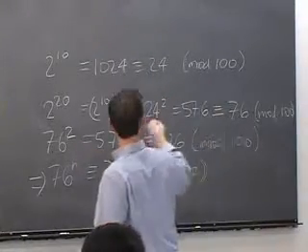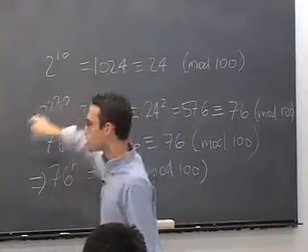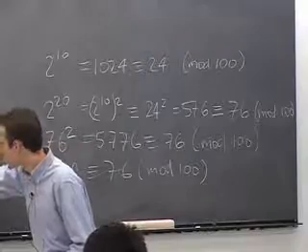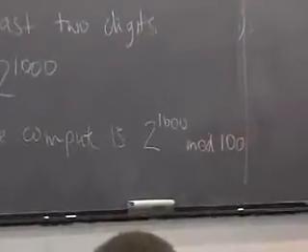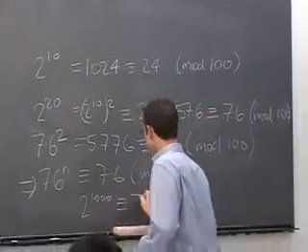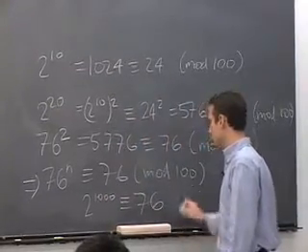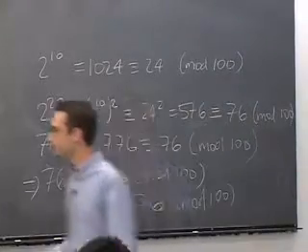And so 2 to the 1,000 is this thing to the 20 raised to the power 50. So 2 to the 1,000 is just congruent to 76 modulo 100. So the question is answered. Very, very simple.